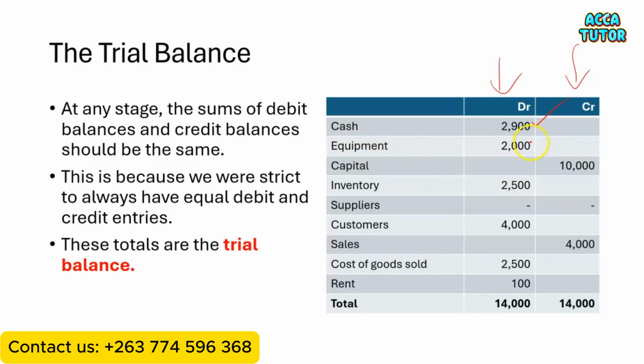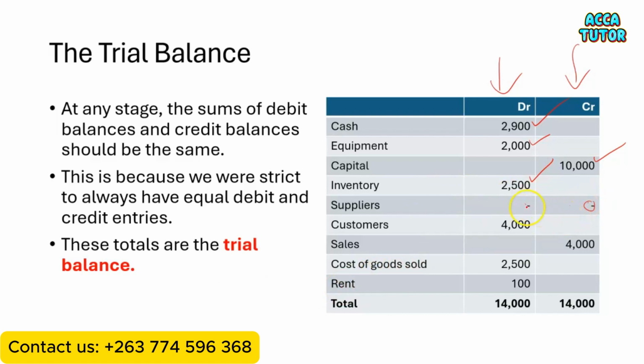Equipment was also 2,000, which is an asset and it should be on the debit of the trial balance. Then capital, remember we are still following the PO's acronym. The share capital should be a credit balance. The inventory which was not sold is an asset and is on the debit side of the trial balance. The suppliers have got zero.